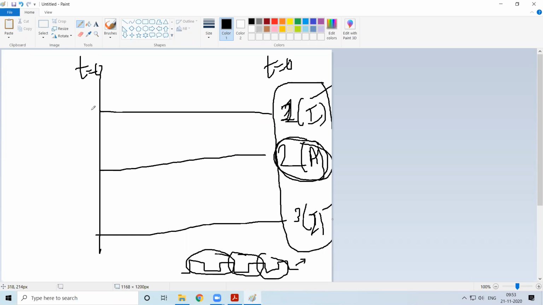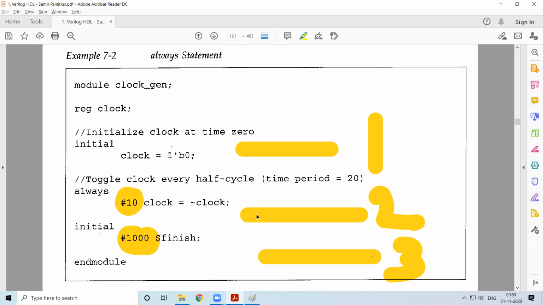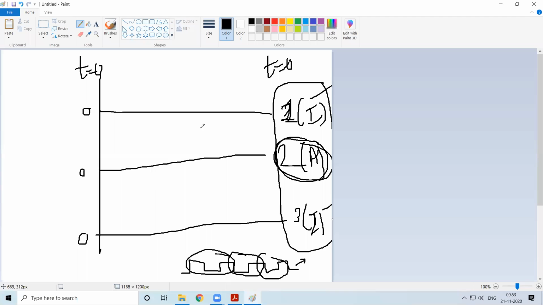Now initial starts at t equal to 0, always starts at t equal to 0, and this third initial also starts at t equal to 0. Suppose I did not have this delay specification, what would happen? In this one I have specified the clock to be 0. In this one the same clock is negated and used.